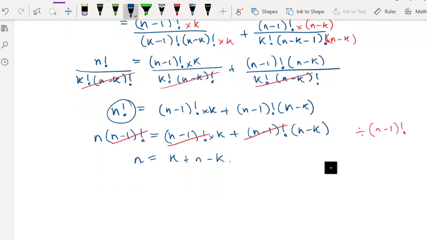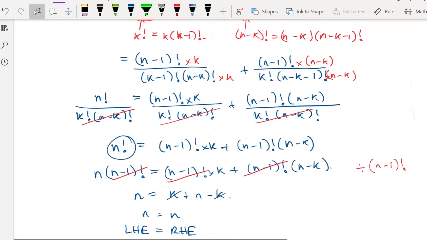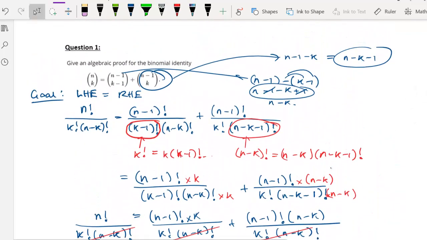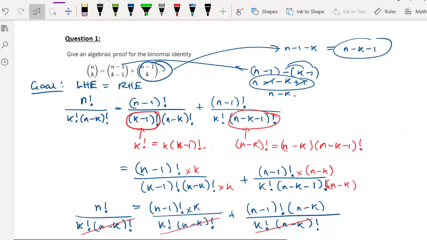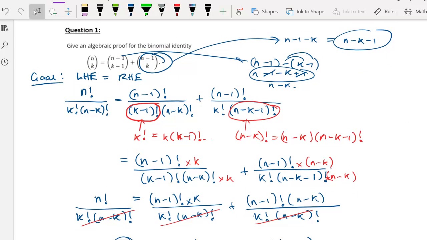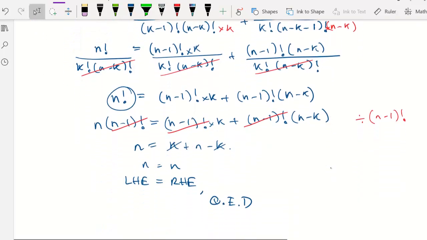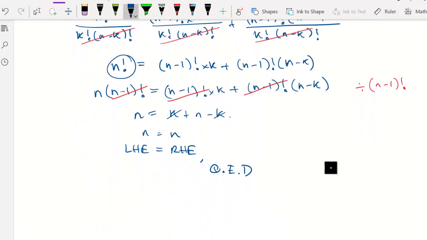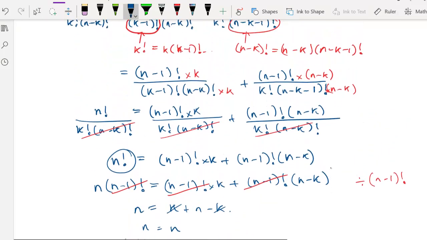Now it's very obvious that those k's will cancel, and we're left with n is equal to n, or we've shown that the left-hand equation is equal to the right-hand equation. Now this isn't a formal proof, because in a formal proof you will only adjust one side of the equation. So those ones are a little bit more algebraically complex, but we don't have to do that at this stage. As long as we can change both sides to equal each other, to prove that they are the same, then we've achieved what we wanted to achieve.